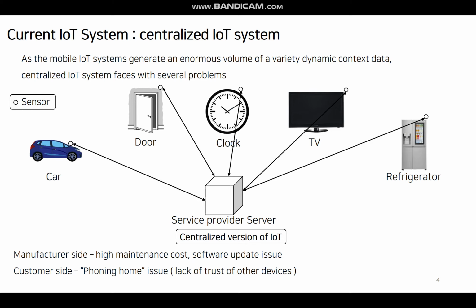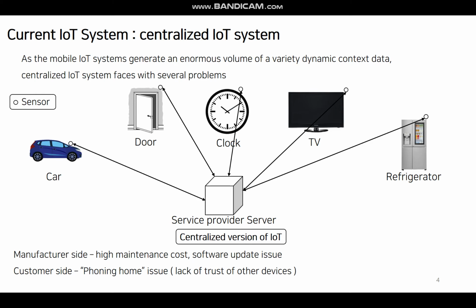It means that each thing lacks trust of other devices. For example, a car cannot trust the door, clock, TV, or refrigerator because they communicate via the service provider server, so it cannot believe the information of other untrusted devices in this centralized IoT system.